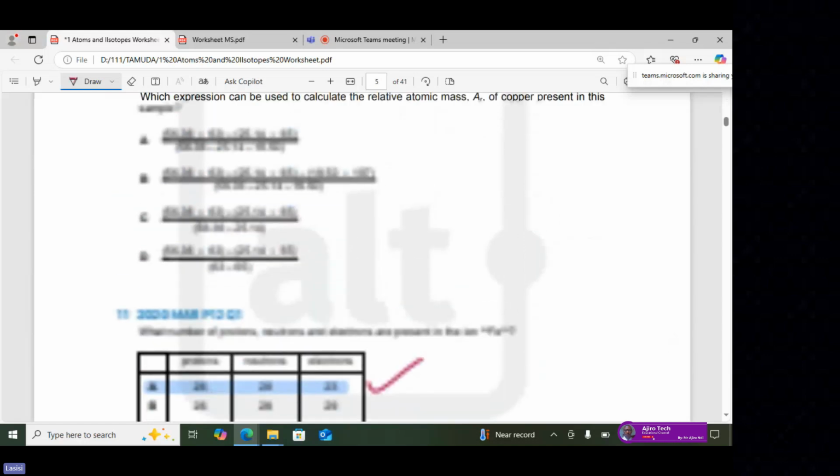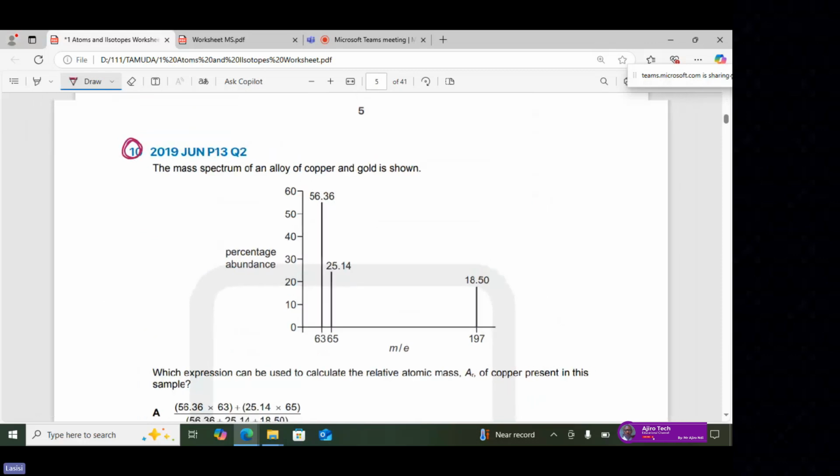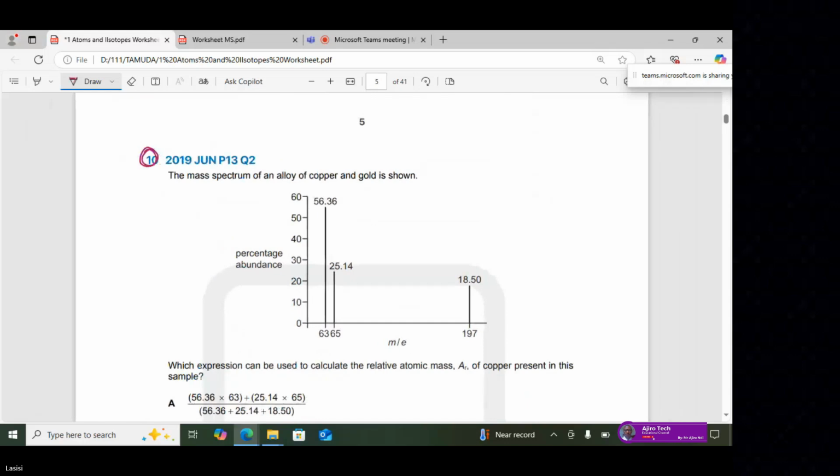Let me see. Yeah, this one. Which expression can be used? We don't have to simplify it. It's 56.36 times 63 plus and so on, over 100. So the first one is out.